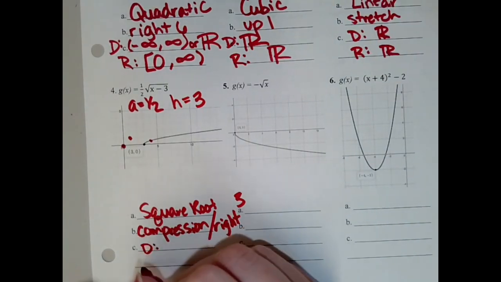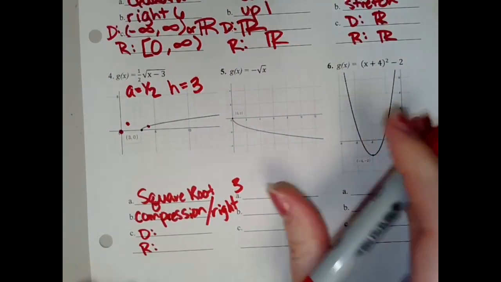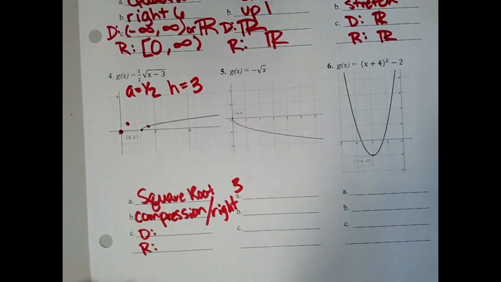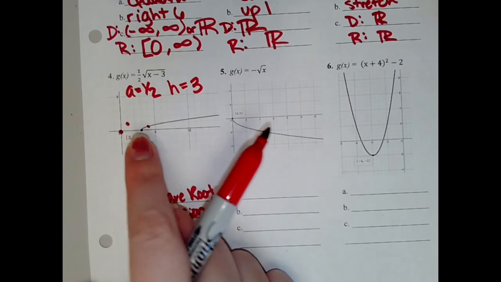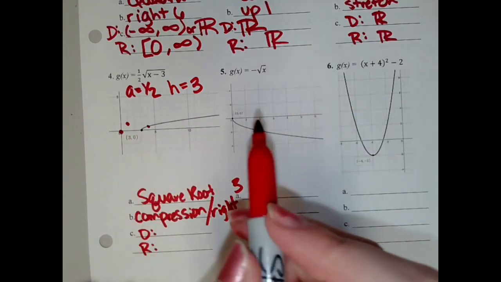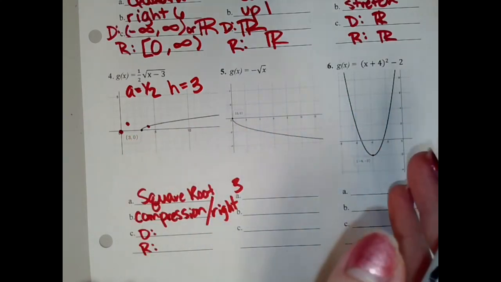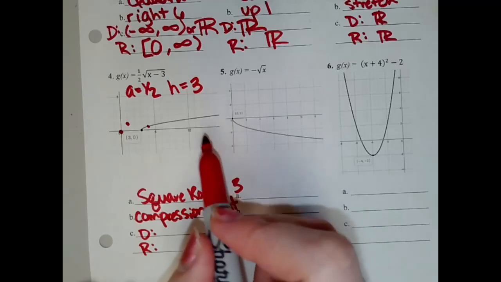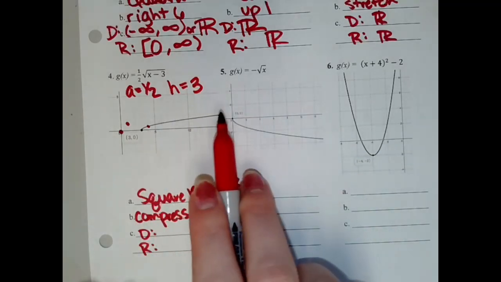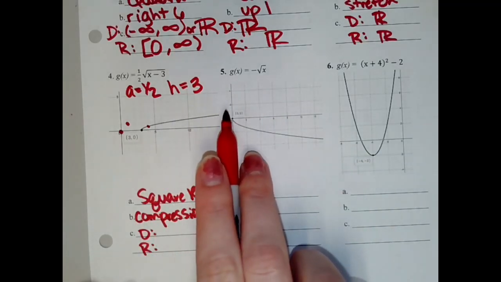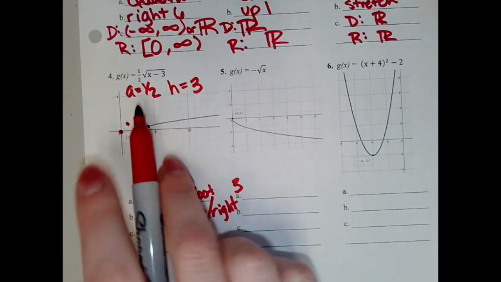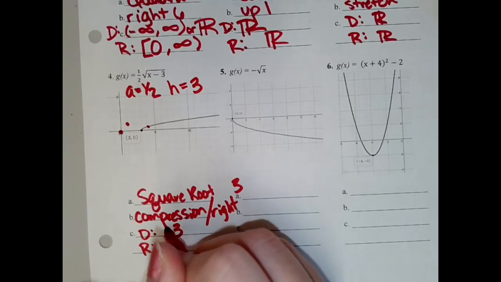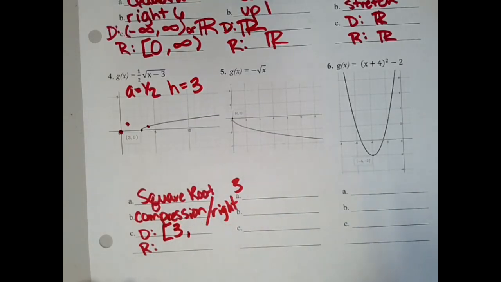Domain and range. You will never have all real numbers for domain and range on a square root function because of that starting point. Okay? You should have to actually look and write the domain and range looking at the graph. Domain is left to right. So the furthest left this ever goes for the domain has an x value of 3. 3 would have a bracket because it's included.